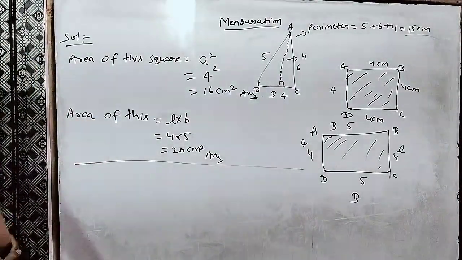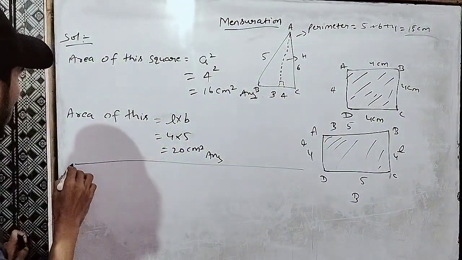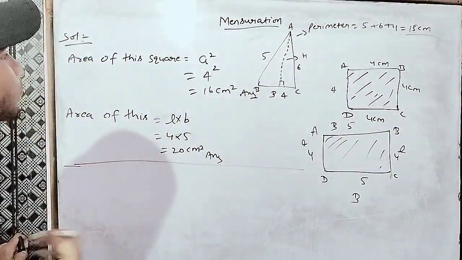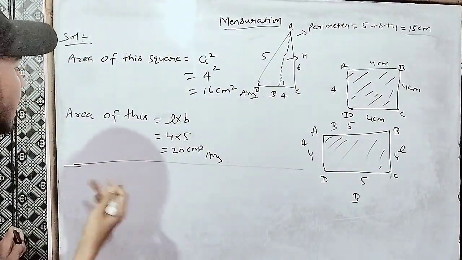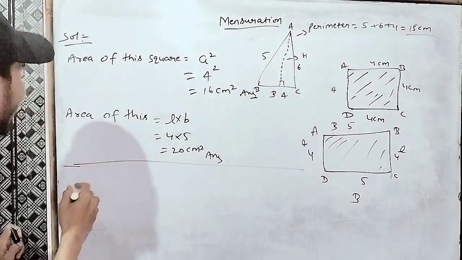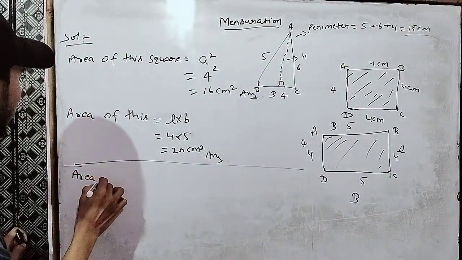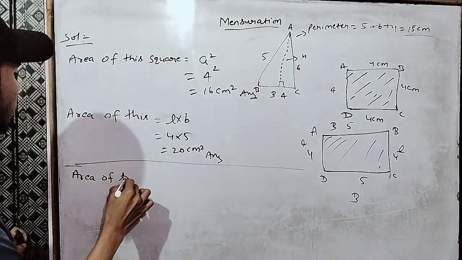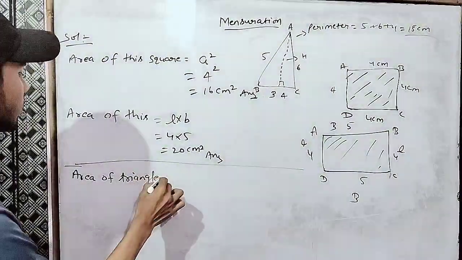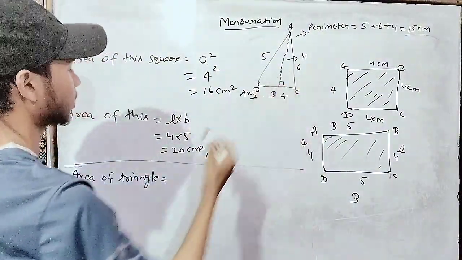Now, what about the area of this triangle? In the case of finding the area of a rectangle, we use something different. For a triangle, we have a half.